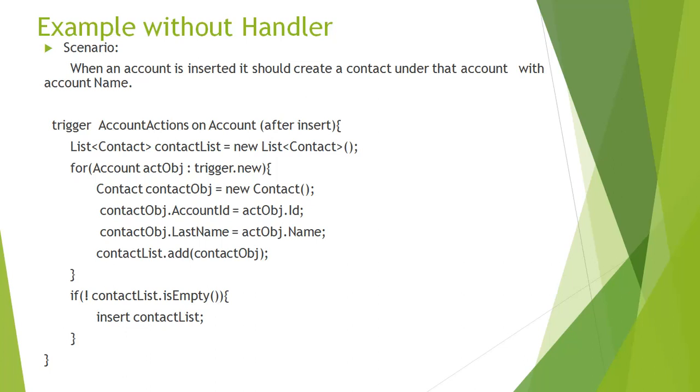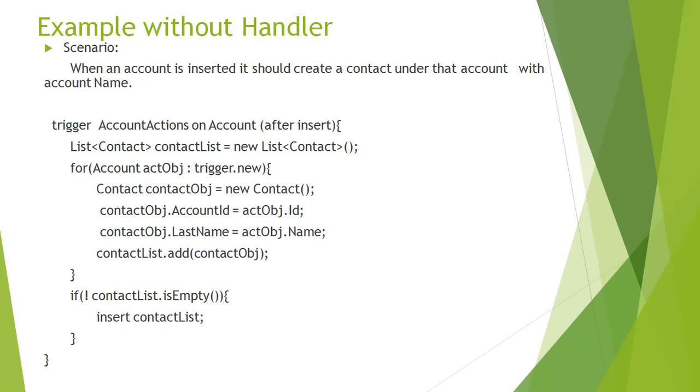For that, I have to write a trigger on account. Why? Because we have to write a trigger on the object where an event is occurring, and from which object we have to get the functionality.